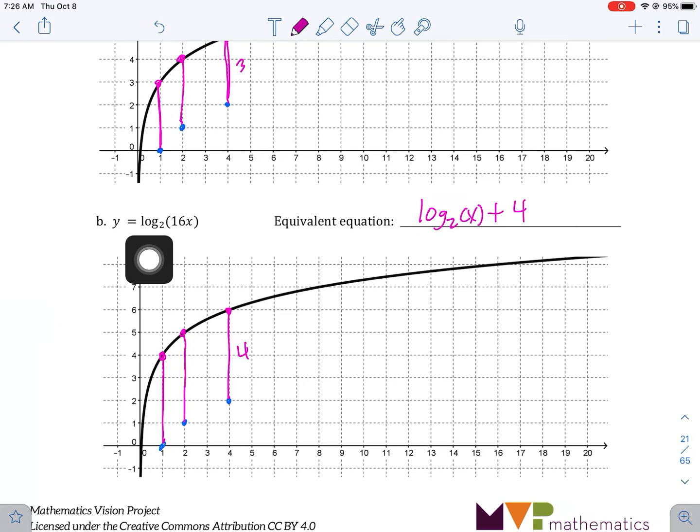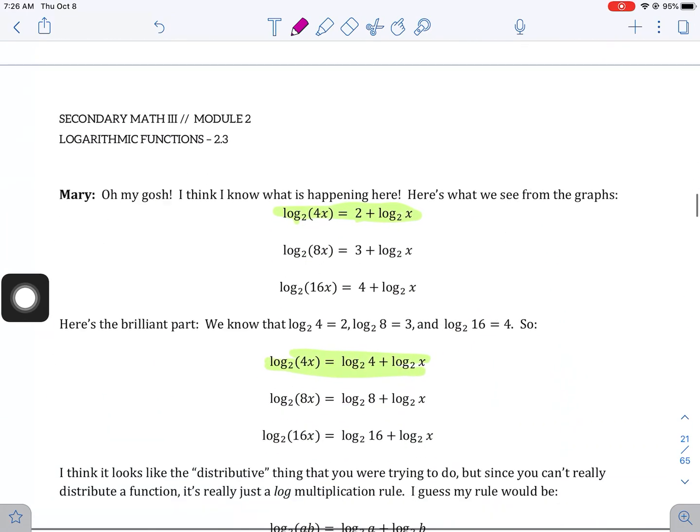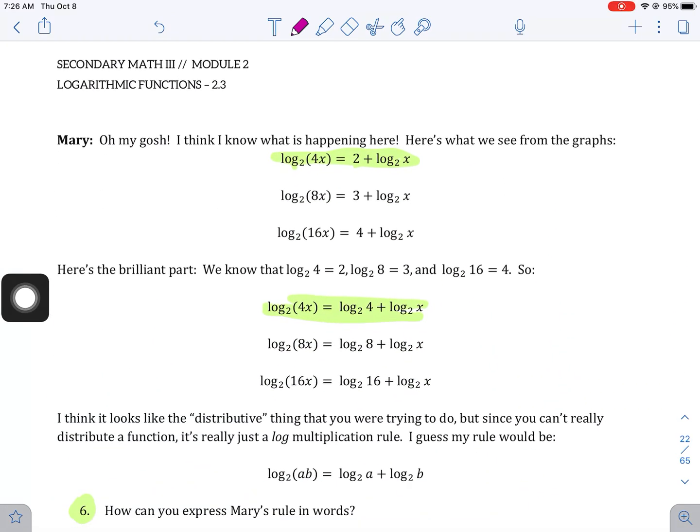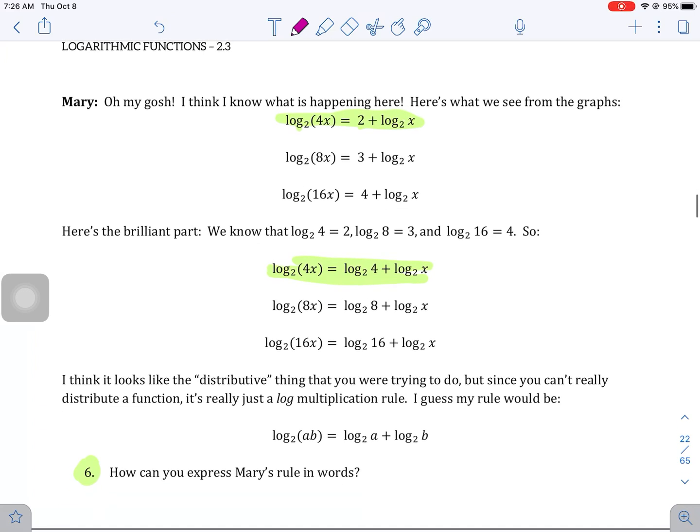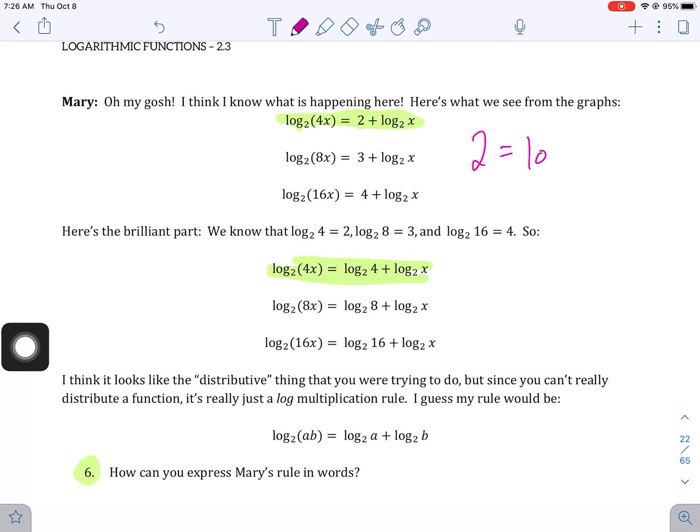So now these two equations are equivalent. And then Mary says, oh my gosh, she's figured it out. So log base 2 of 4 times x is 2 plus log base 2 of x. Well, 2 is really equal to log base 2 of 4, and that's because 2 is the exponent on the base 2 to get 4.